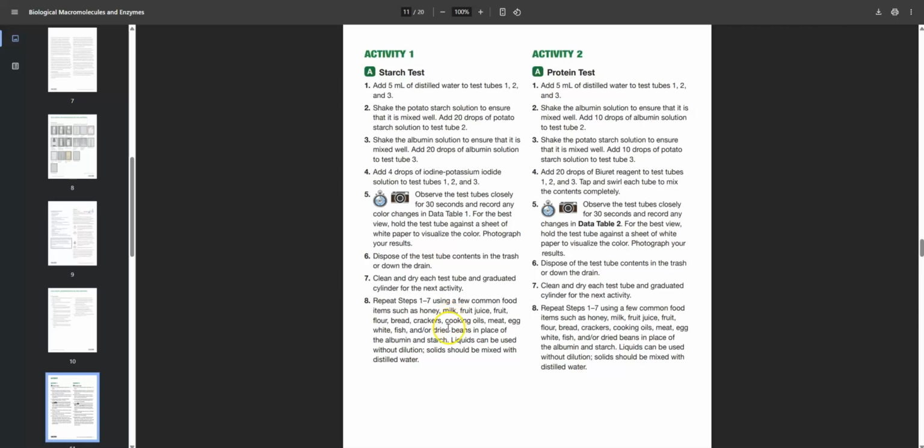You don't have to have new foods for every test. Let's say you have bread, you don't need different types of bread. You can use the same type of bread for the starch test and the protein test. Same thing with meat. If you have a slice of turkey, you can perform the starch test on pieces of the same turkey. You just want to break up the turkey. You don't want to do a protein test on top of where you did the starch test. You want a new piece of turkey.